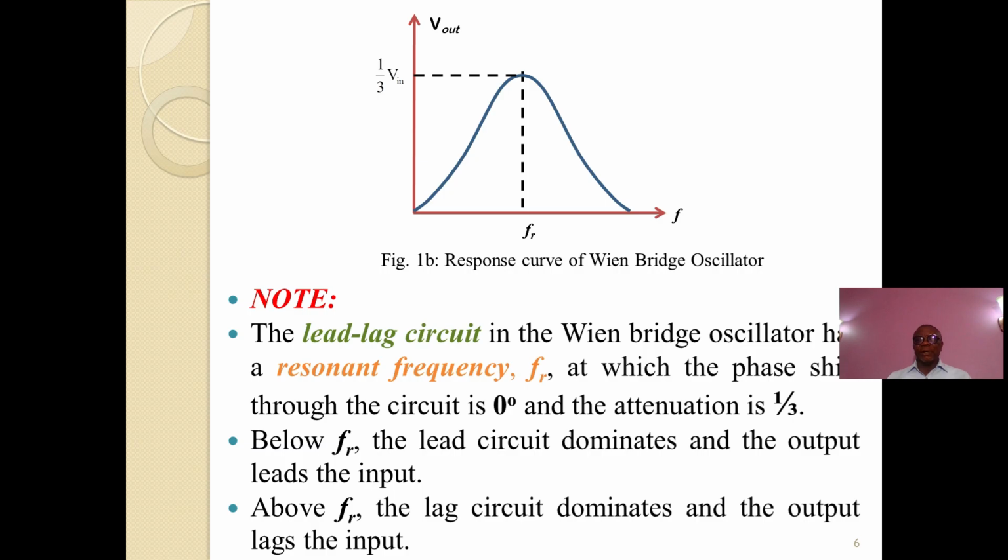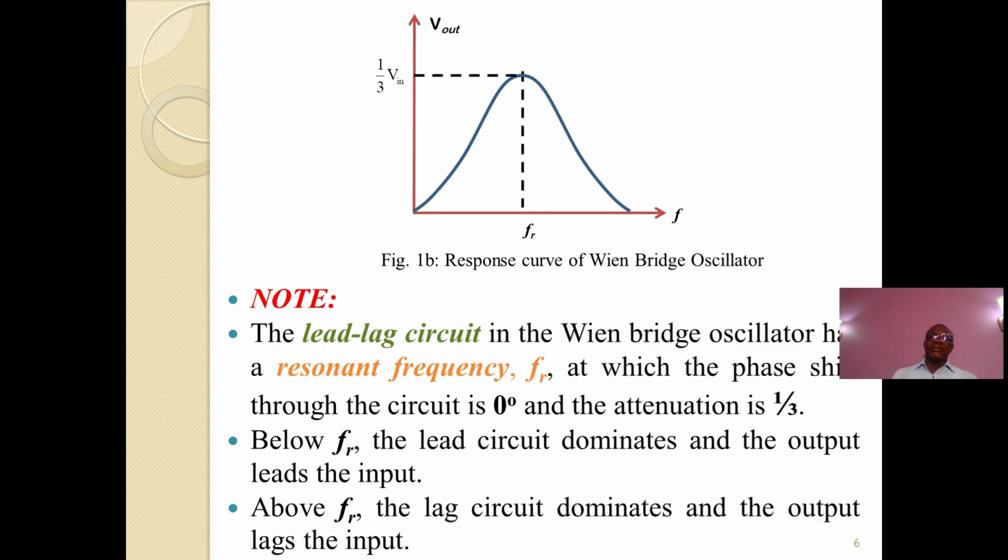In a circuit, in a plot like this, we say that the rising side is the leading side, while the dropping side is the lagging side. So you see that an important thing comes up in this plot: the leading circuit, as the voltage continues, the output will continue to rise at a point where it is exactly 1/3 of the input voltage.